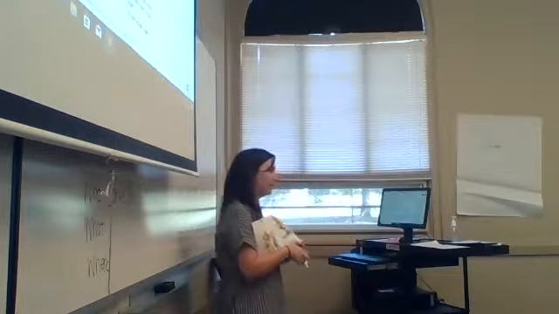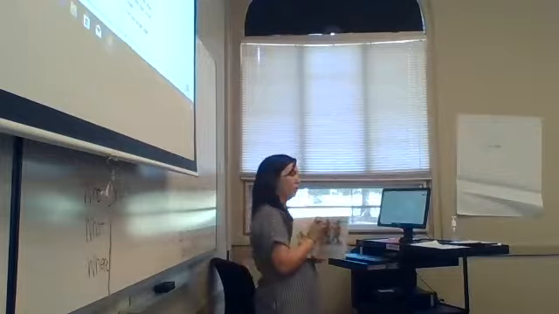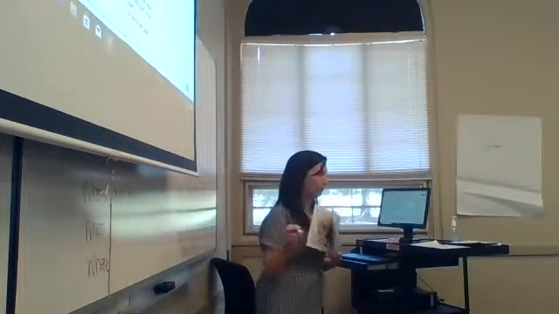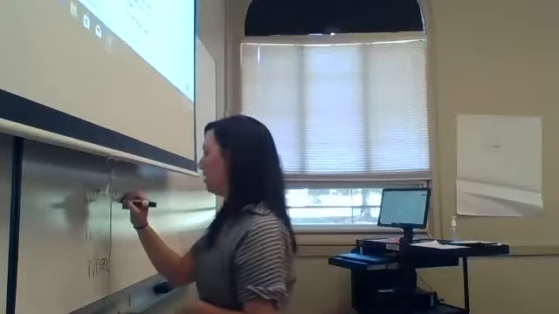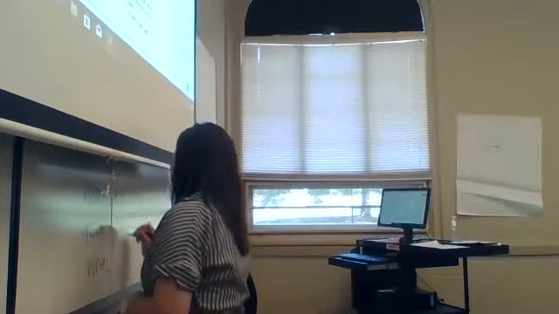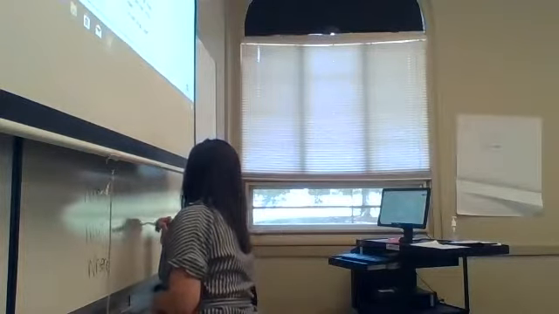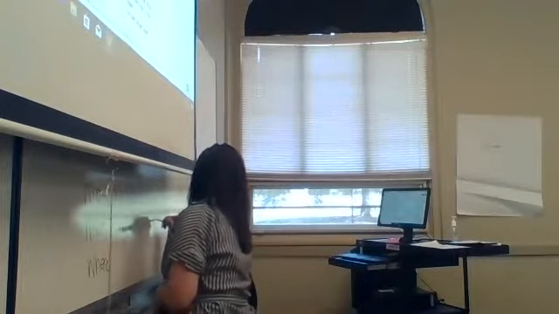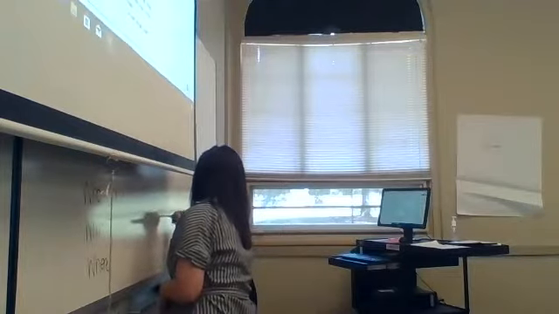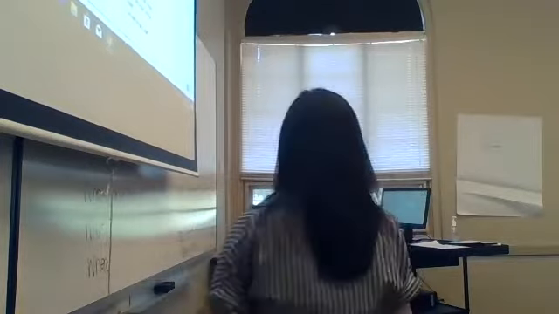Now, what is happening in this story? What are these mice friends trying to do? That's right. And what are they doing that for? Okay. Where is this taking place?